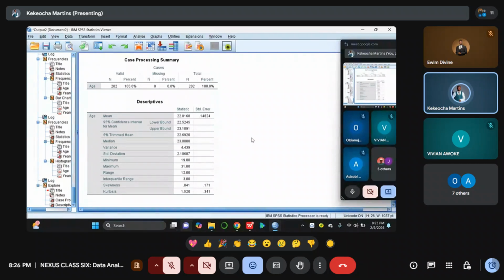95% confidence means that once you've taken your first 10 sample, you got this 22.816. If you take another sample and calculate their age, and you get the mean age and you drop it, collect another 10 people, do it. So you are going to have a total of 10 groups in total, which is 10 times 10, 100.